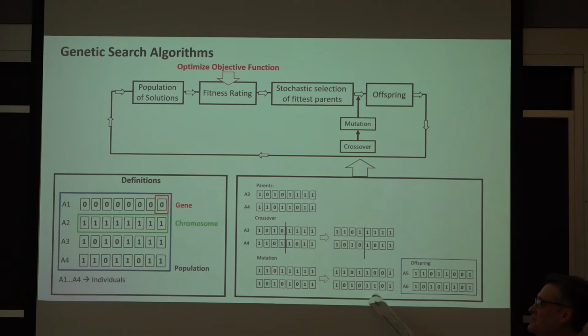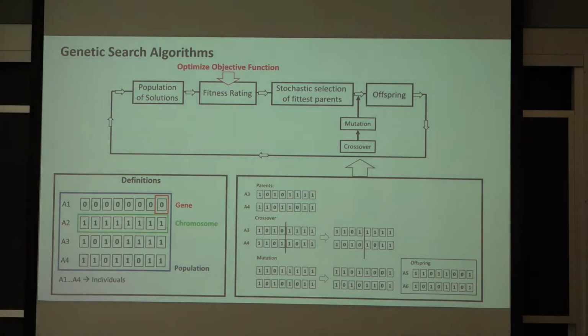And then you have some stochasticity built into the model that will do what's called mutation. So you'll take at random or quasi-random some of the genes, and you'll switch them. The way I've shown this here is that we're doing this in a binary way. It's zeros and ones. The gene is either a 0 or a 1, but it doesn't have to be. There are some algorithms that will use 1 through 5, 1 through 10, 1 through 100.